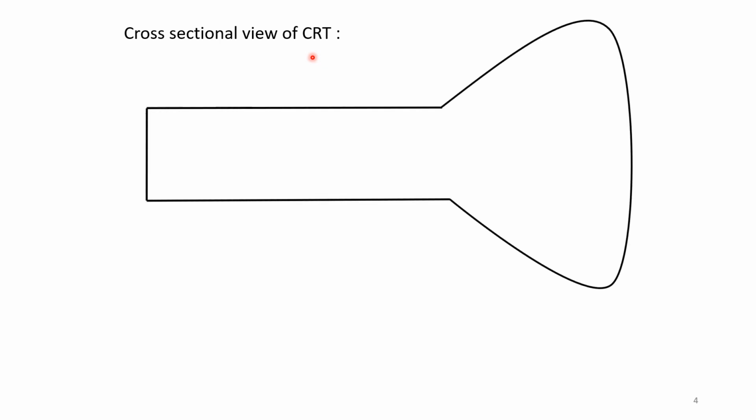So this is the cross-sectional view of cathode ray tube. It is better if you draw this figure and study the different parts in detail with reference to the examination. So this is what is known as the cathode ray tube.